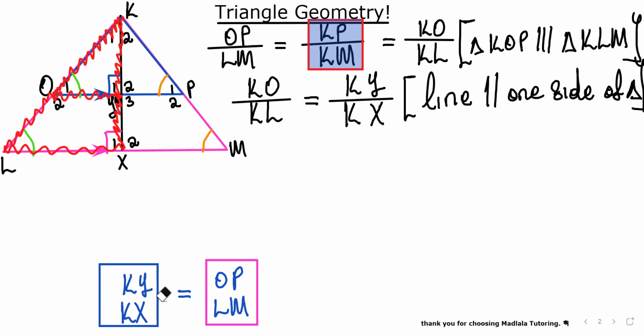But now you realize something. What is that? OP over LM is equal to KO over KL. And also, KY over KX is equal to KO over KL. Then this means they must be equal to each other because they're both equal to KO over KL.